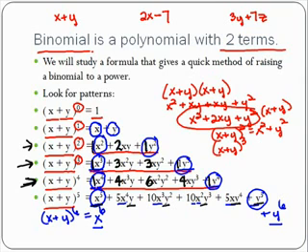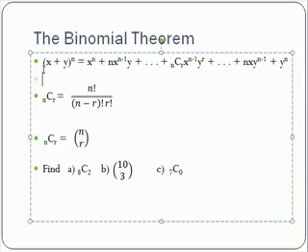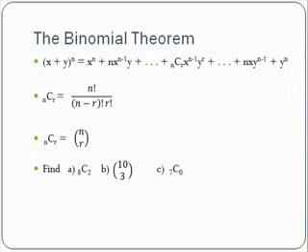So let's take a look at what the binomial theorem says then. If we are taking a binomial and raising it to a power, here's where it's showing some of those patterns. It's saying your first term is going to be the first term in your expansion raised to the n. So the first term is x, so I'm going to have x raised to the n.